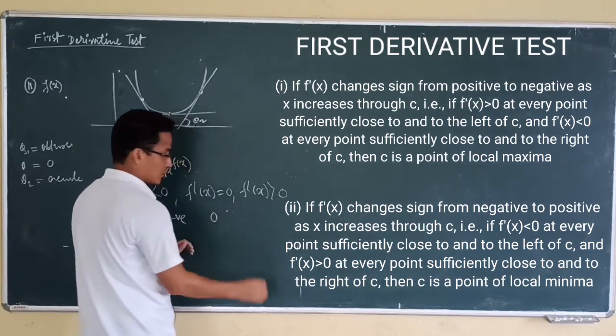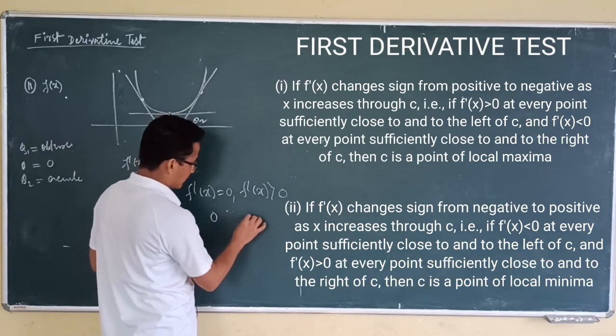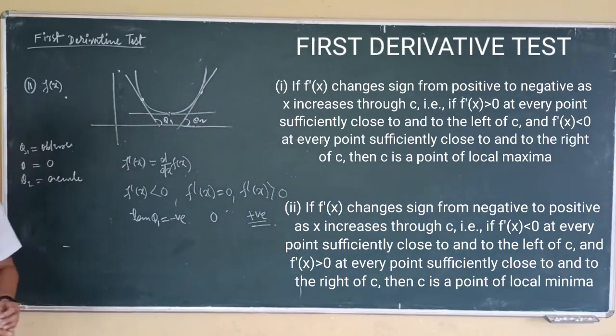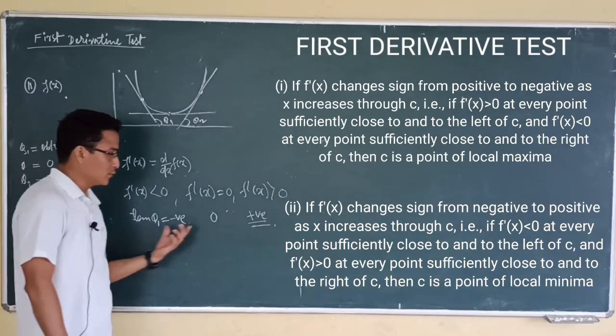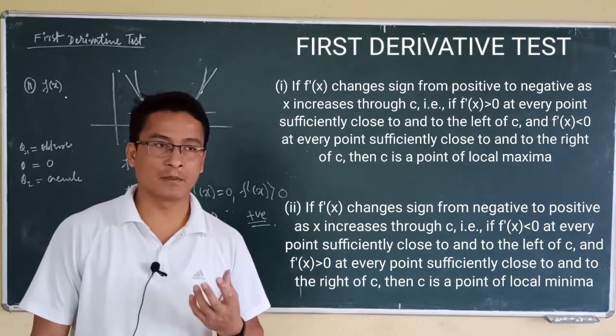And tan of an acute angle, between 0 and 90 degree, gives a positive value. Now when the sign changes from negative to positive, then we will get the minimum value.